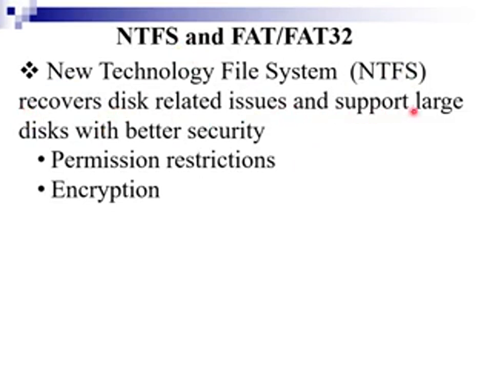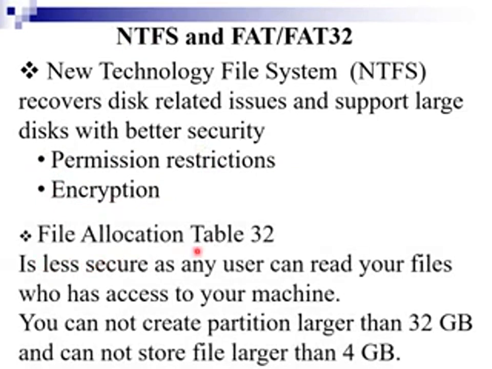This one is good because it recovers disk-related issues and supports large disks with better security. With the NTFS file system also, you can allocate permission by restricting. You can even encrypt some documents and files. So it's the best file system to use. No one will access your file or computer if you do not want. You can also encrypt that.